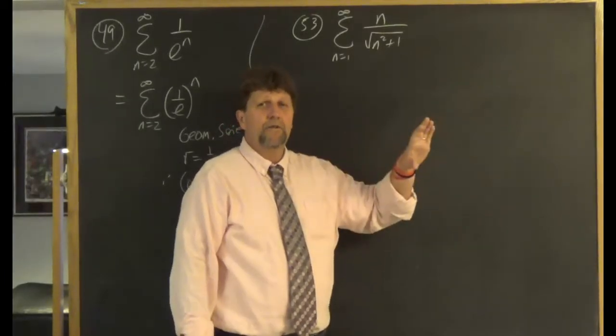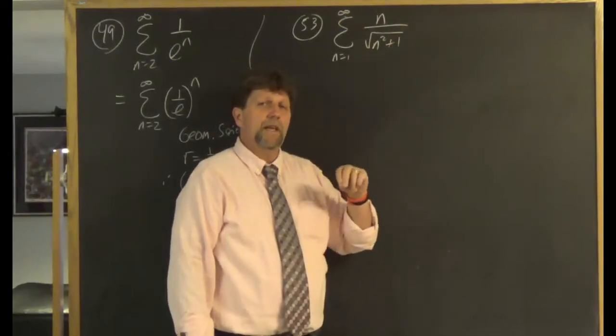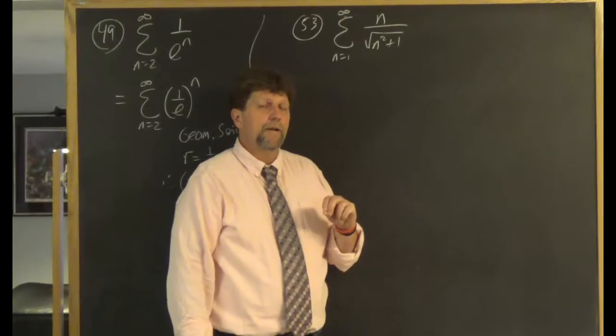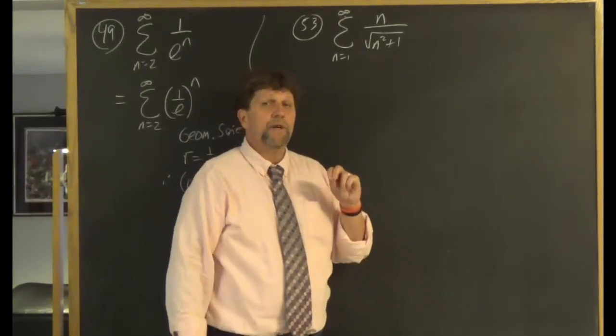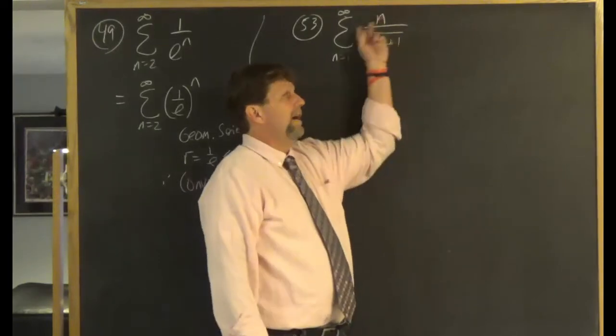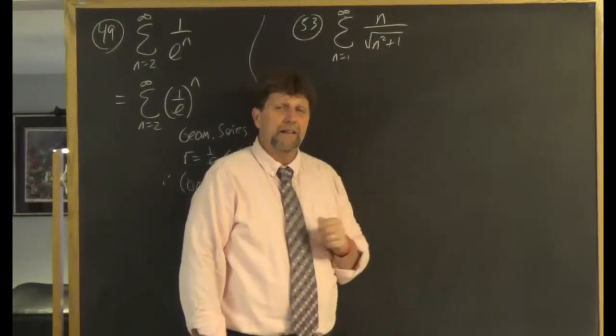So as n gets incredibly large, this fraction is basically the same thing as n over the square root of n squared. And for positive numbers, we know the square root of n squared is n. So this fraction is basically n over n, which is 1.